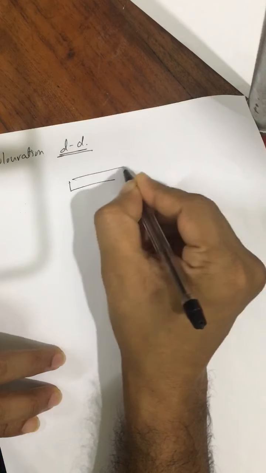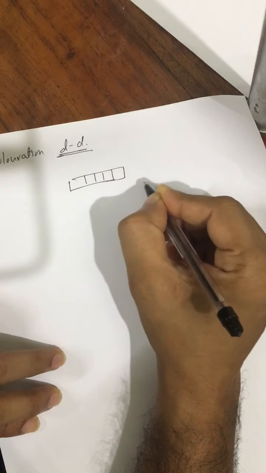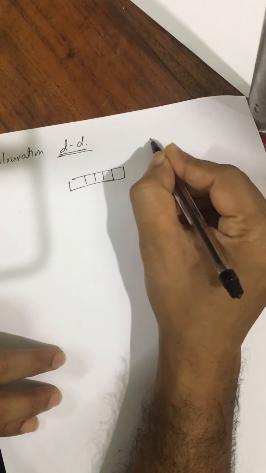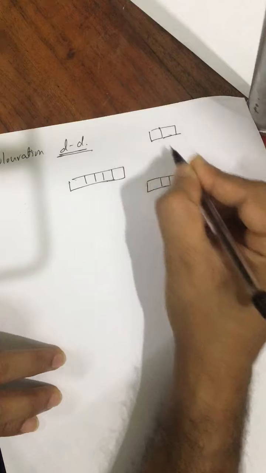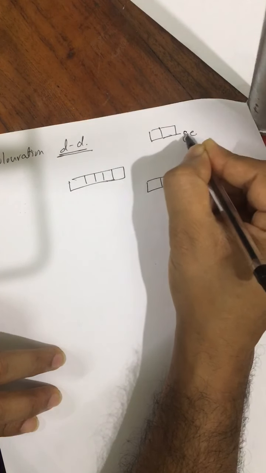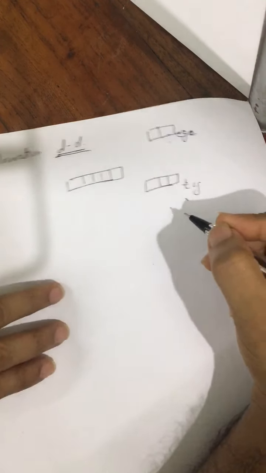It means the d subshell splits into two energy sublevels, that is t2g and eg. This is t2g and this is eg. The eg is a doubly degenerate set, and the t2g is a triply degenerate set.